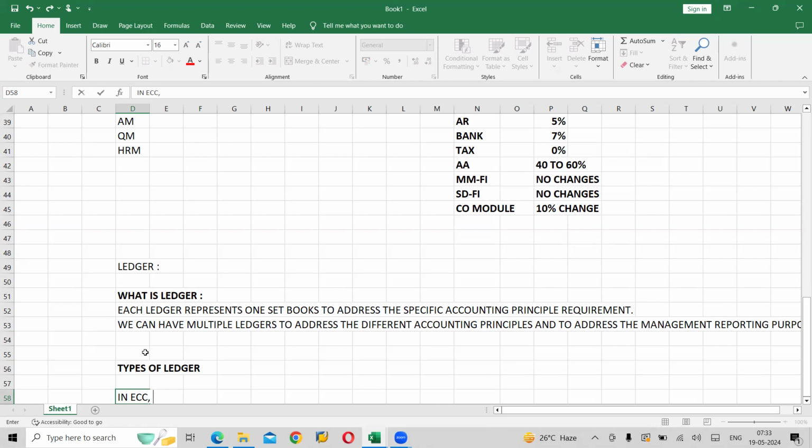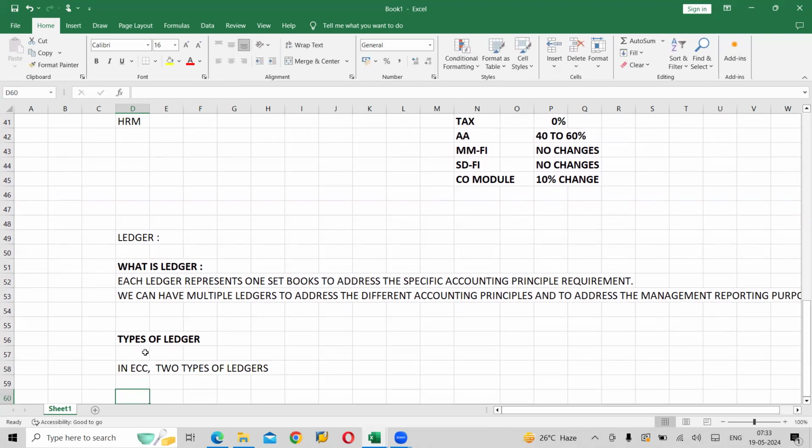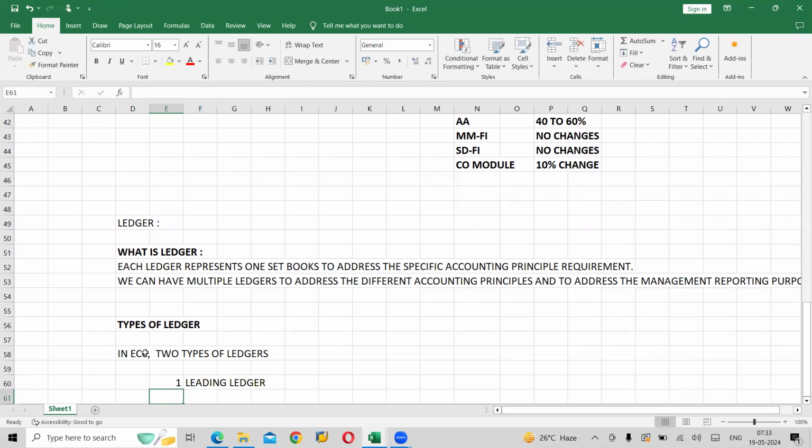See here, in ECC, we have two types of ledgers. Already we discussed about it. One is leading ledger, and the second one is non-leading ledger.